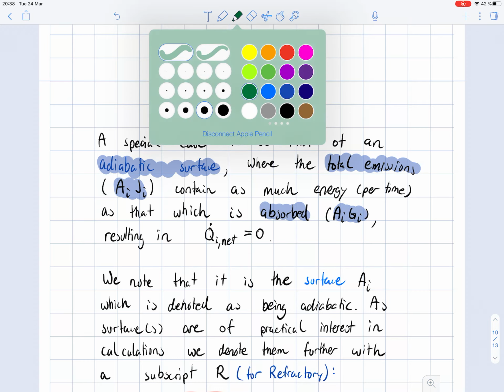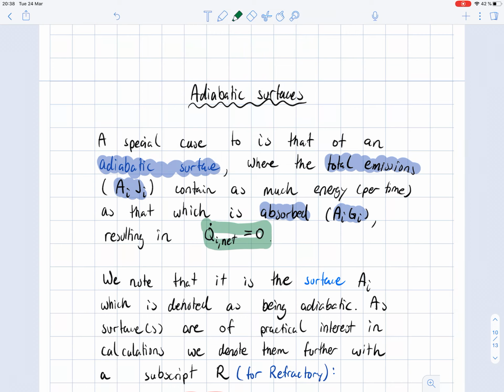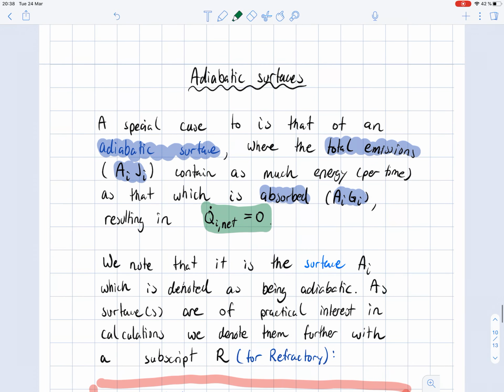That results in a net heat transfer equal to 0. Note some terminology. It is the surface AI which is described as being adiabatic.